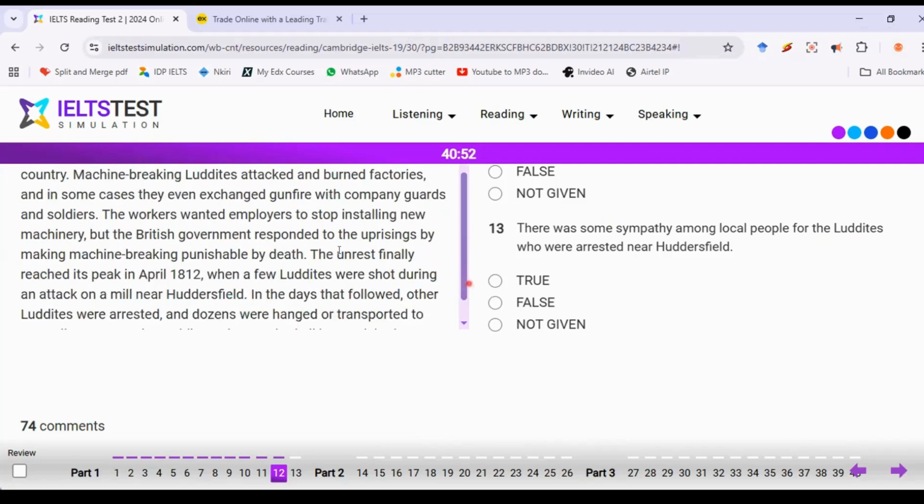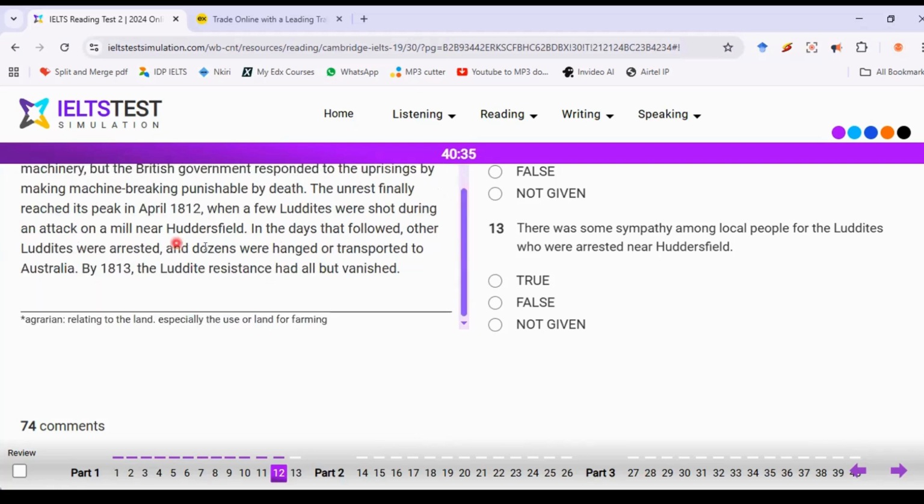But the British government responded to the uprising by making machine breaking punishable by death. The unrest finally reached its peak in 1812 when a few Luddites were shot during an attack. In the days that followed, other Luddites were arrested. This says arrested. Dozens were hanged or transported to Australia.